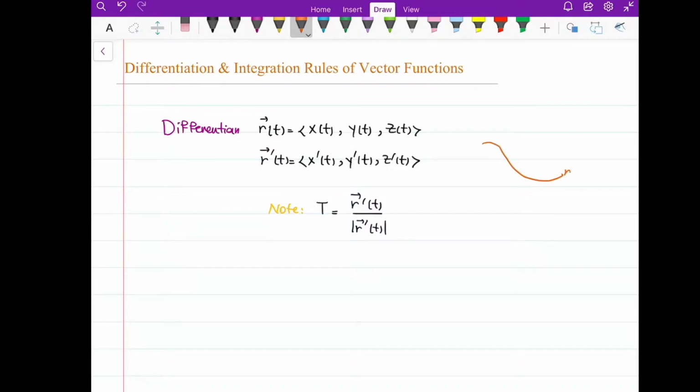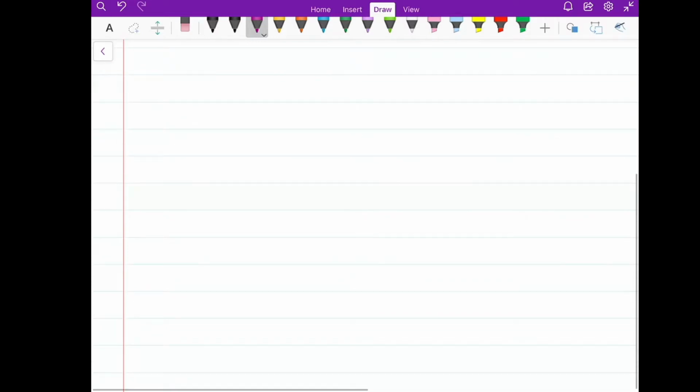So if we have this vector r of t, then the derivative would be tangent to the curve, and I multiply it by a positive scalar, so that's why this vector would be a tangent vector, and it's also unit. We call it the unit tangent vector because the length of it is just one. And we use this a lot for solving questions. Now let's talk about differentiation rules.